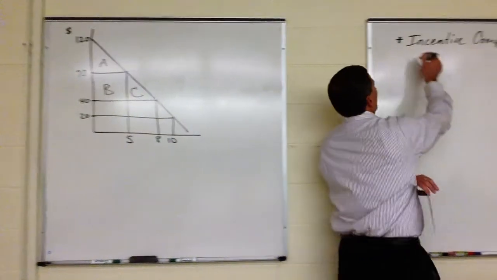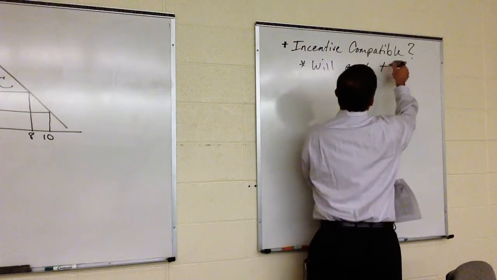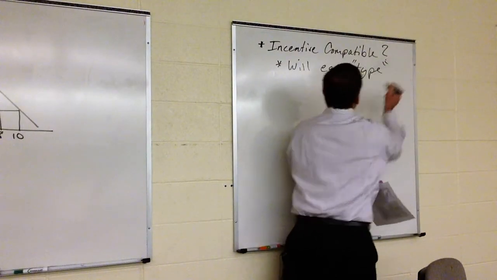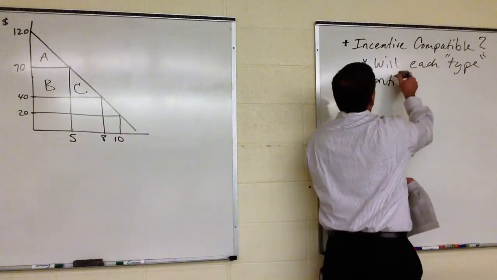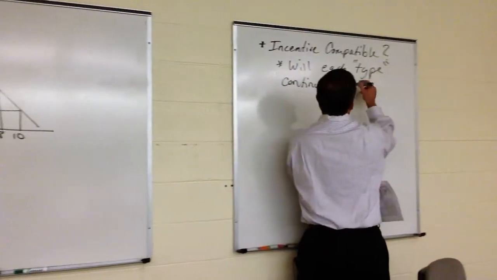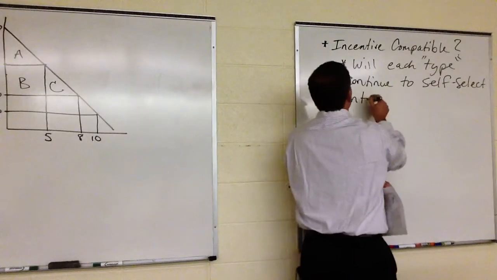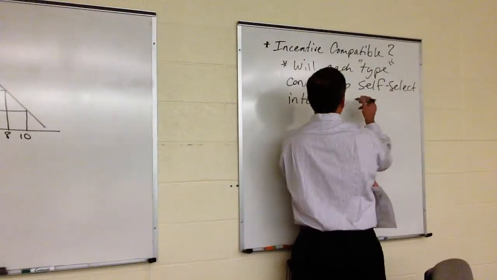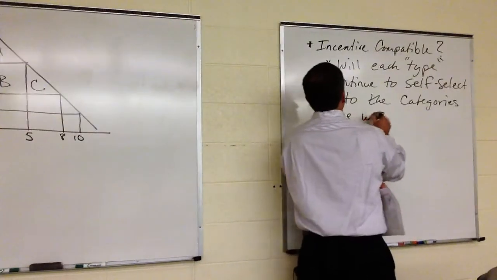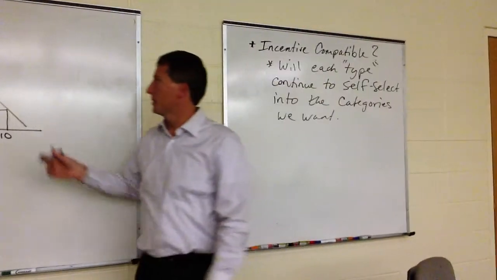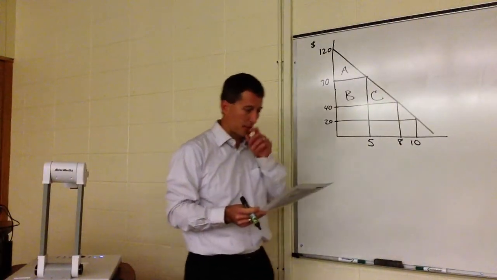In other words, will each type of consumer, we had type A, will each type continue to self-select into the categories we want? So what Adam brought up was, if we make it too cheap, then these people are just going to buy it anyway. And we started looking at the numbers.